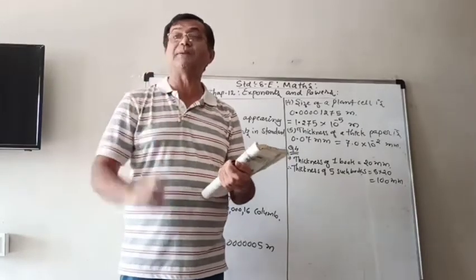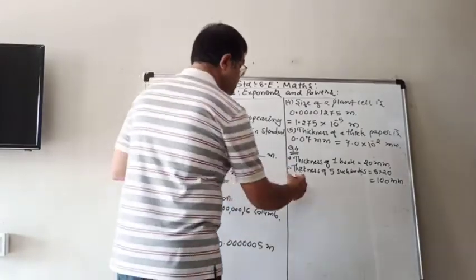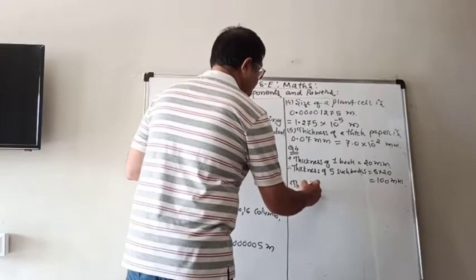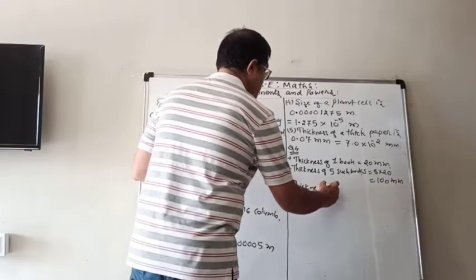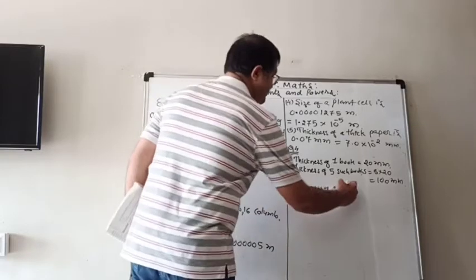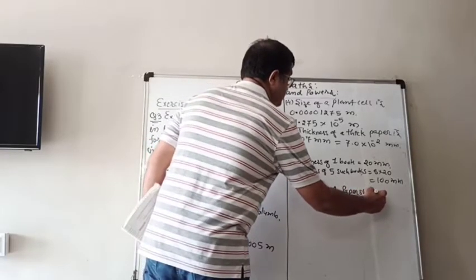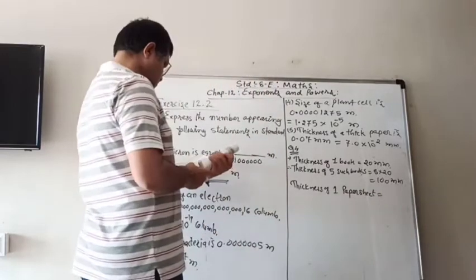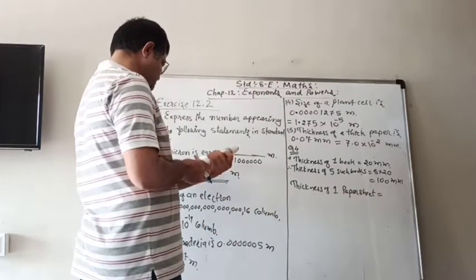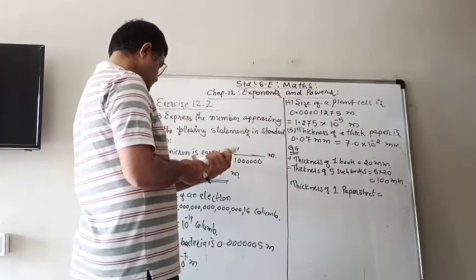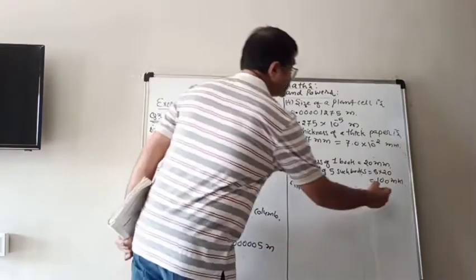Also there are 5 paper sheets. So thickness of one paper sheet is how much? 0.016 millimeter.